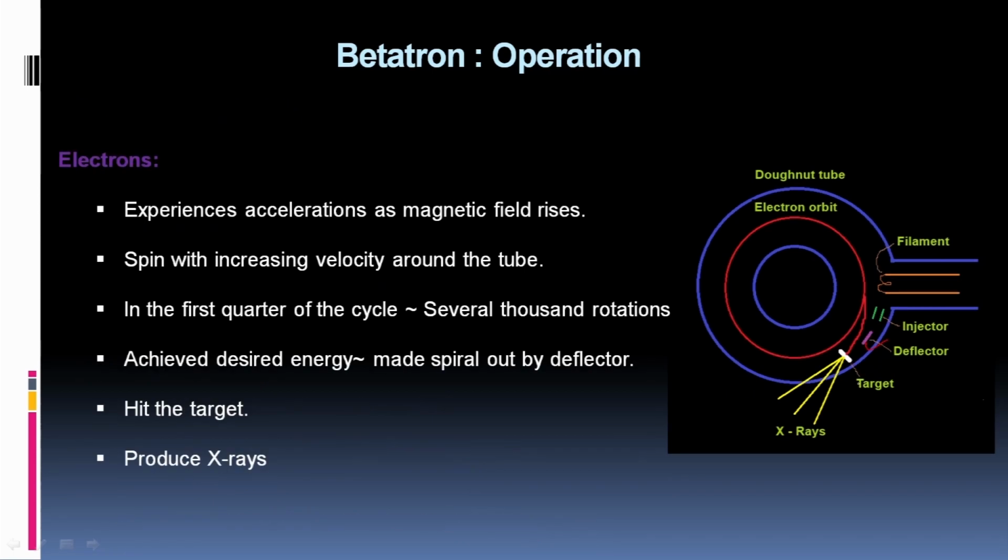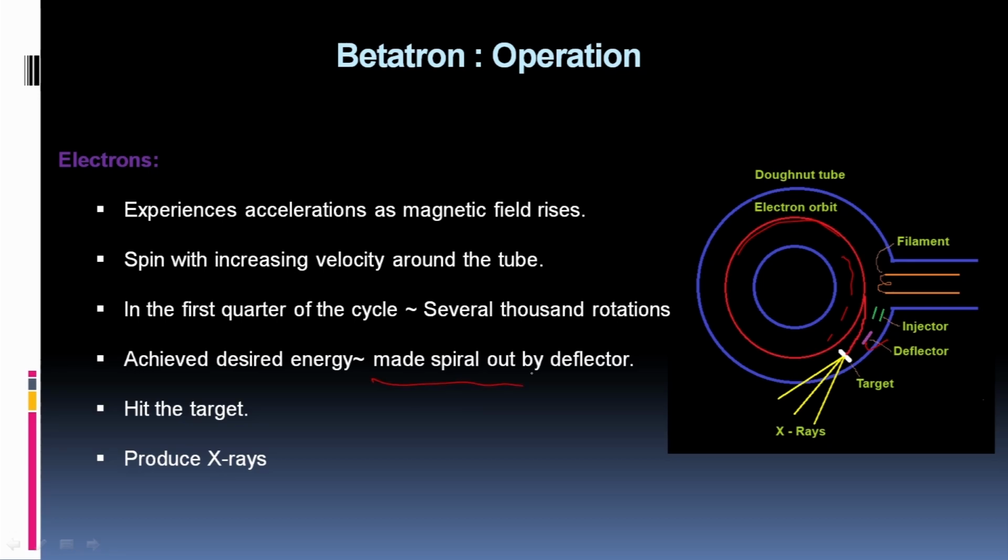The electrons experience acceleration as the magnetic field rises, and they spin around this hollow cavity. In the first quarter of the cycle, they complete several thousand rotations and achieve the desired energy, the energy which we want to use for treatment of cancer patients or for any other purpose, and then they are made to spiral out.